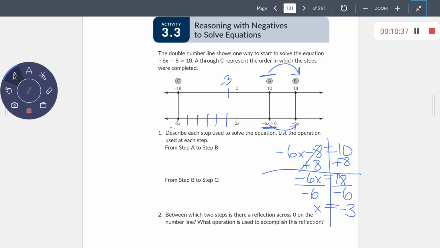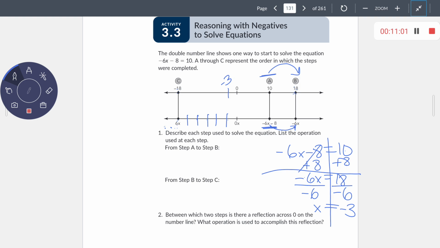Okay, so one more time. Here's where we start. We don't want the negative 8, so we do plus 8. That puts us here and here. I added 8 here. Then we reflected it over here. So if it was, not really the opposite, but if it's negative 6 multiplied by negative 1, I'm going to get positive 6.